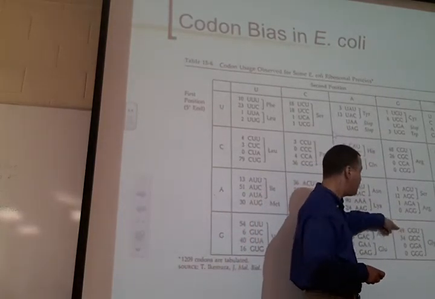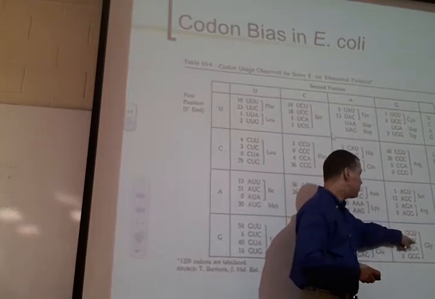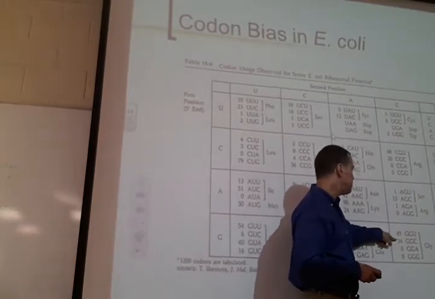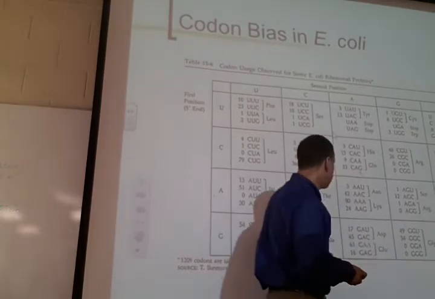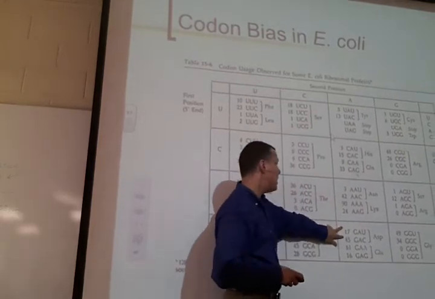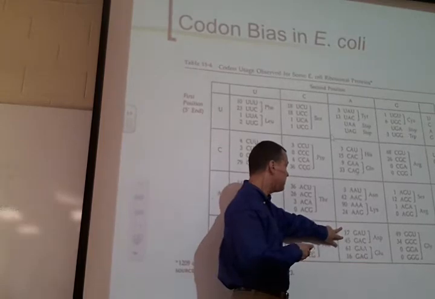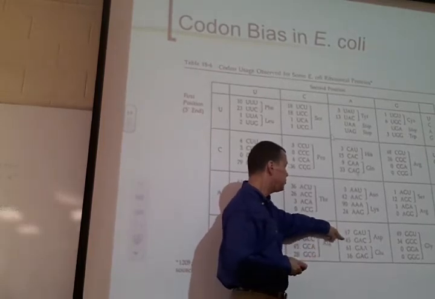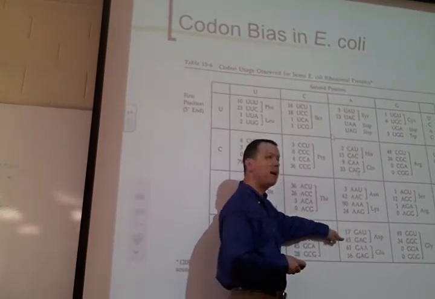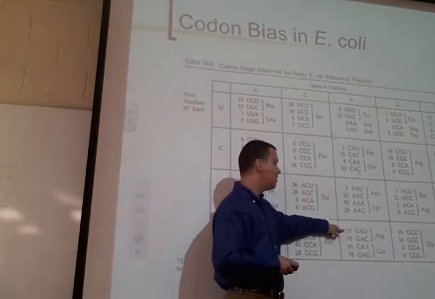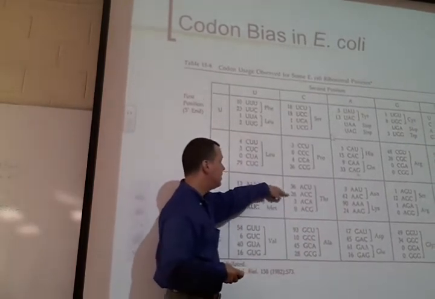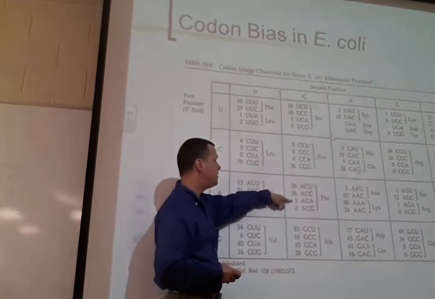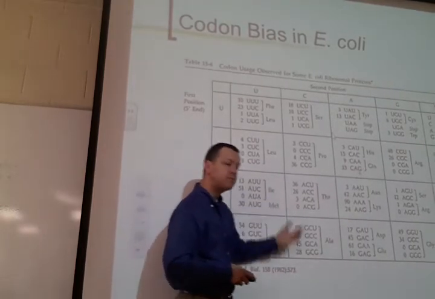It has 4, but you can see GG pyrimidine is used basically exclusively over the other 2. Even with the pair, aspartic acid is GAU and GAC, but it uses GAC almost 3 times as often as it uses GAU. Same thing for threonine: it uses AC pyrimidine more often than AC purine.